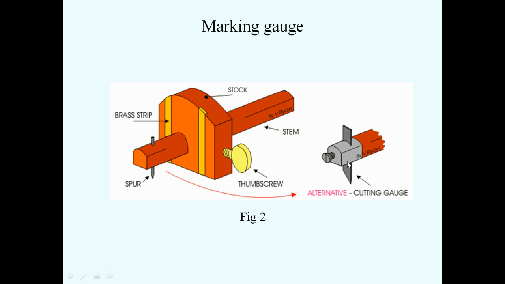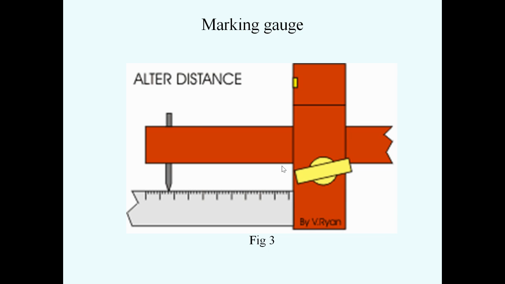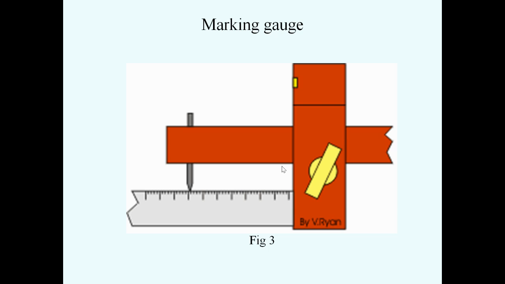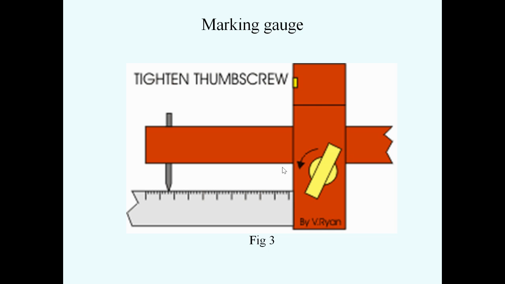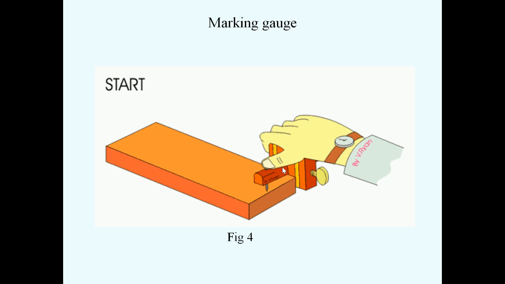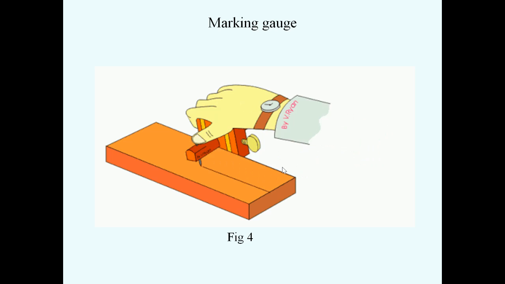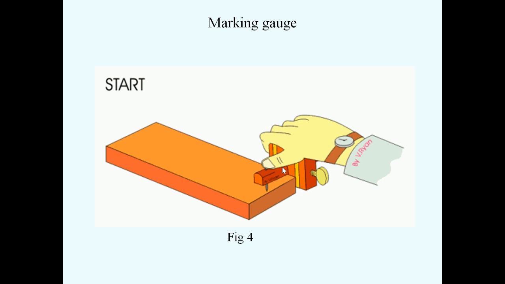This is a diagram of the marking gauge. Tighten the thumb screw, loosen the thumb screw. See the diagram and the usage of the marking gauge.